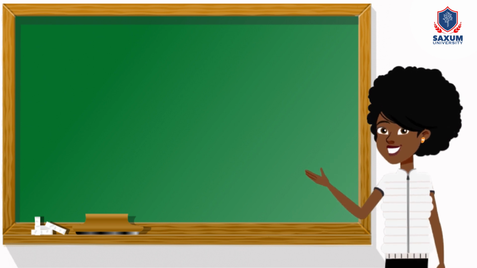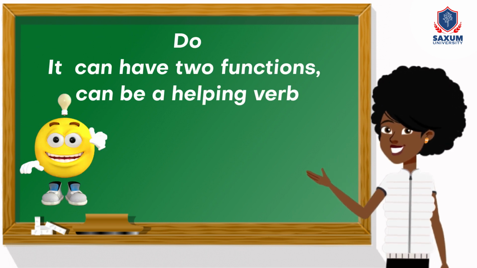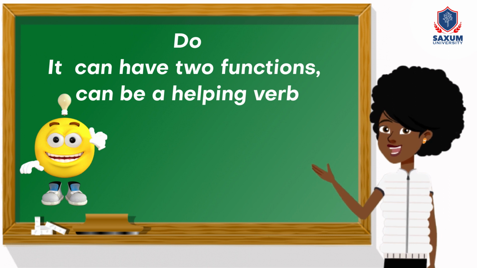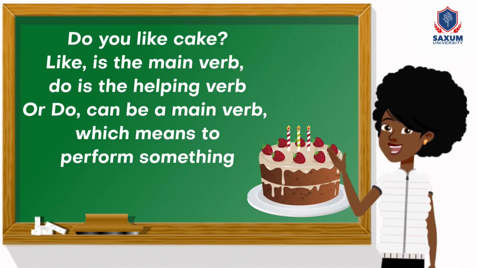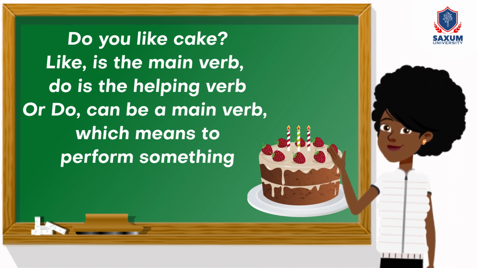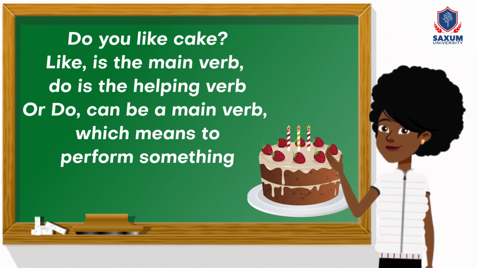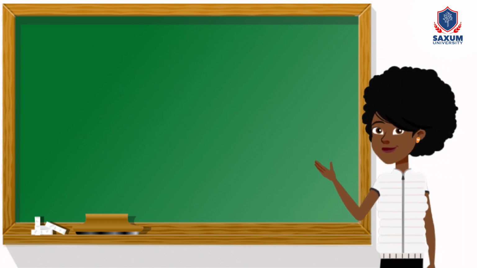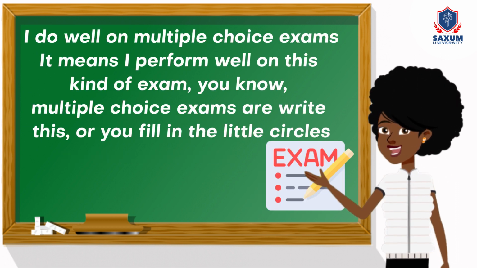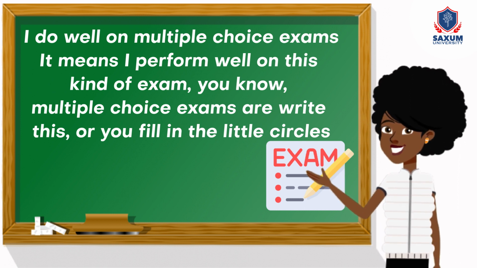Alright, let's take a look at the verb do. It can have two functions, can be a helping verb. Do you like cake? Like is the main verb, do is the helping verb. Or do can be a main verb, which means to perform something. Let's take a look at this example. I do well on multiple choice exams. It means I perform well on this kind of exam.